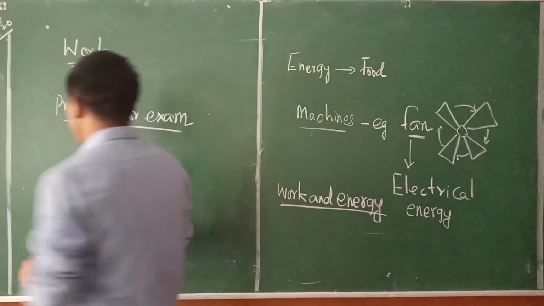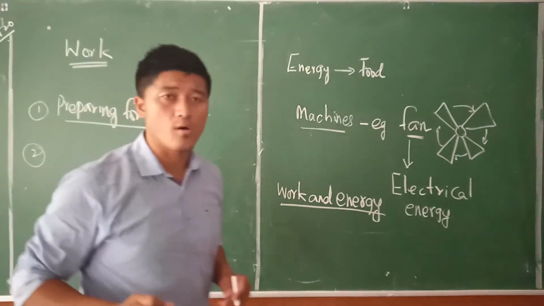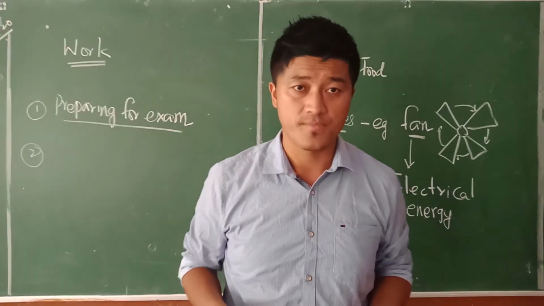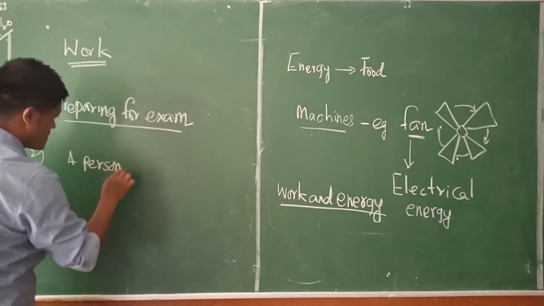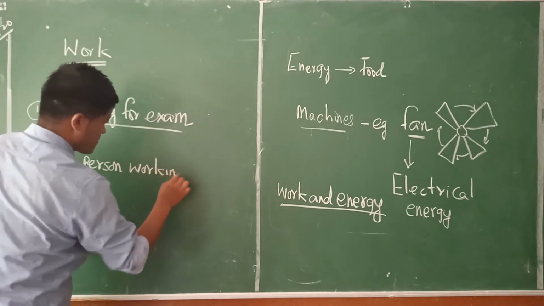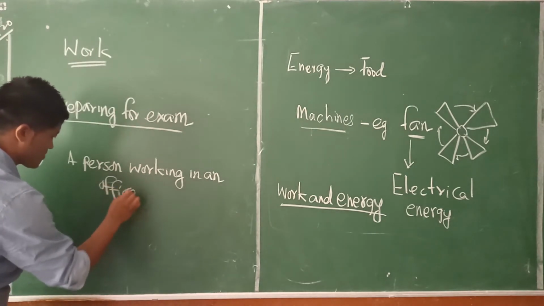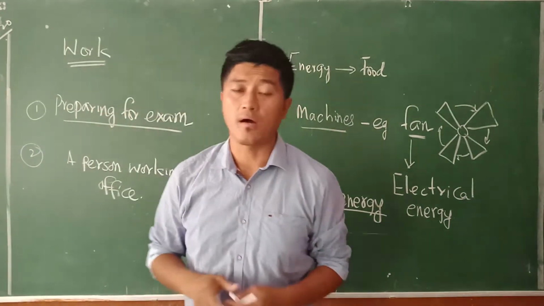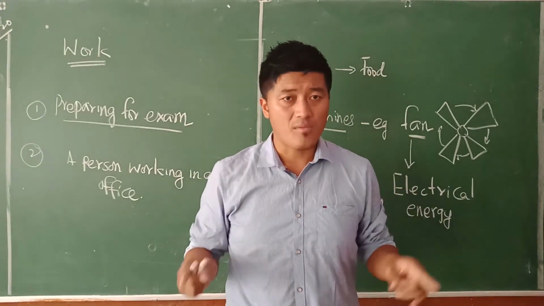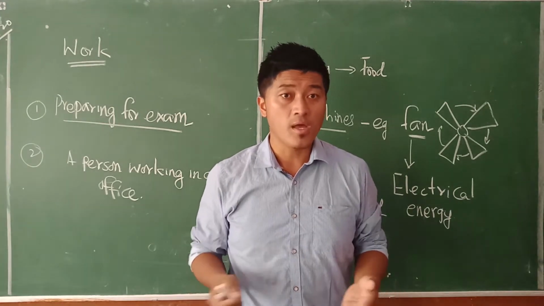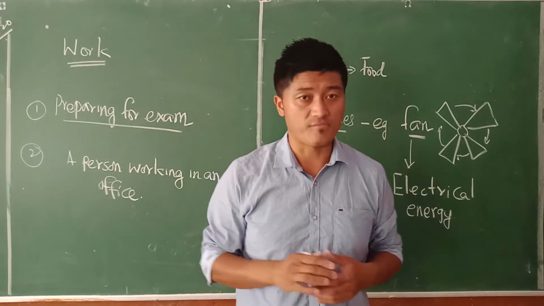In a similar way, we can also take the example of a person who works in an office. Normally when a person works in an office, he must be having a laptop or a computer in front of him on a table, and he is writing something and doing some amount of his own work, collecting data and all of this.